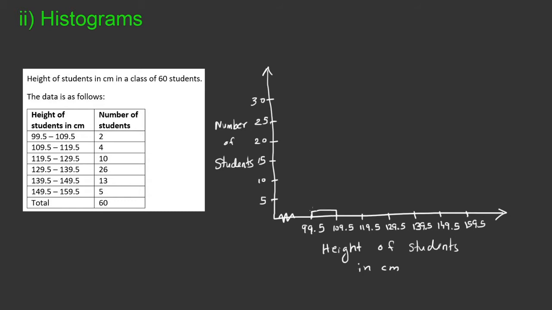So I had to draw bar like this. From 109.5 to 119.5 there are four number of students. So the bar will be like this. And from 119.5 to 129.5 there are 10 number of students. So the bar I can draw like this.